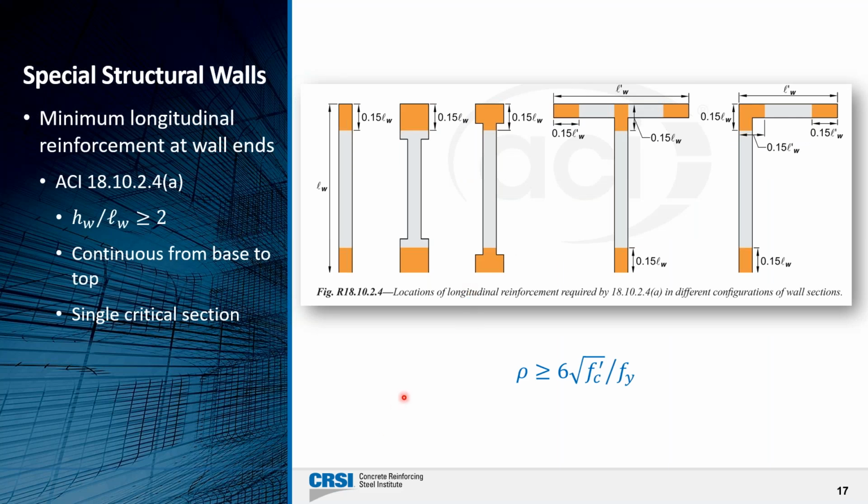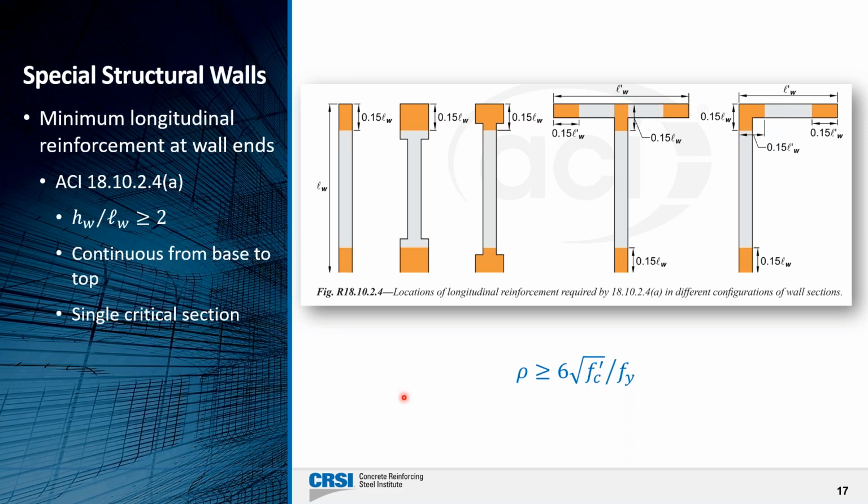Now in section 18.10.2.4a, we have new minimum longitudinal reinforcement requirements at the ends of the wall. Recent earthquakes and recent research have shown that relatively thin walls with relatively small amounts of longitudinal reinforcement at the ends of the wall have not performed very well.